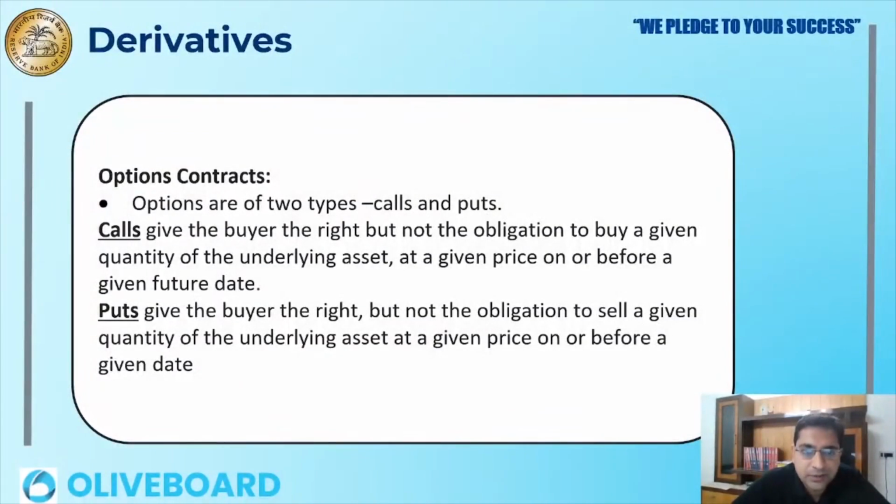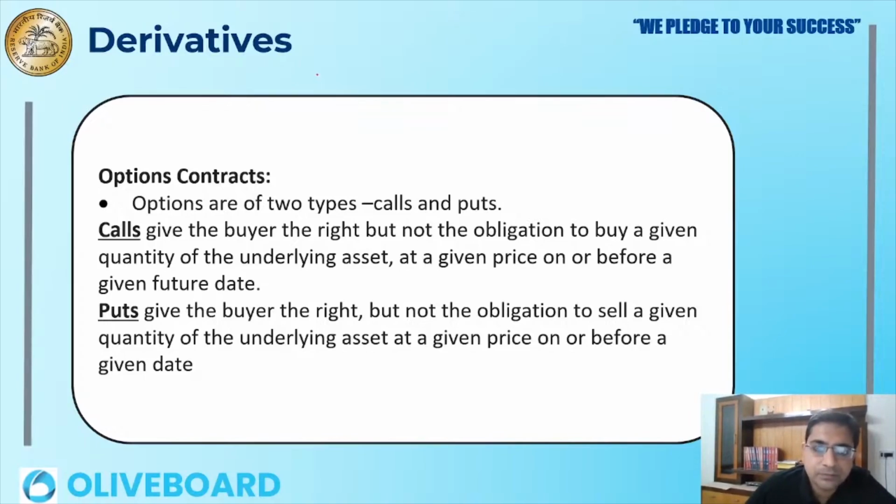Now comes the other type of contract, called options contracts. As the word suggests, here we are talking about options. You have an option to do something. Options are of two types: one is the call option and the other is the put option. What is the meaning of a call option? A call option gives the buyer the right but not the obligation to buy.